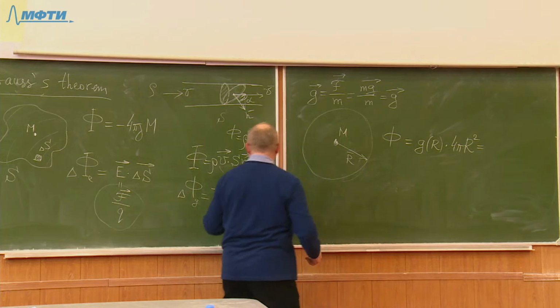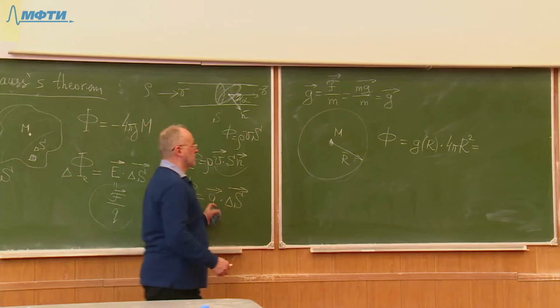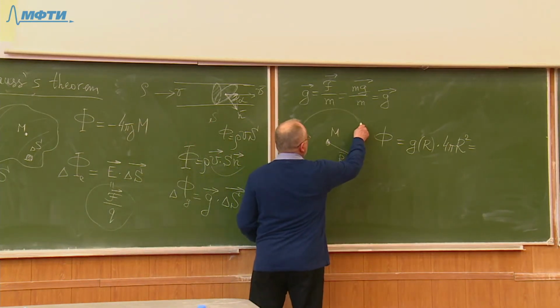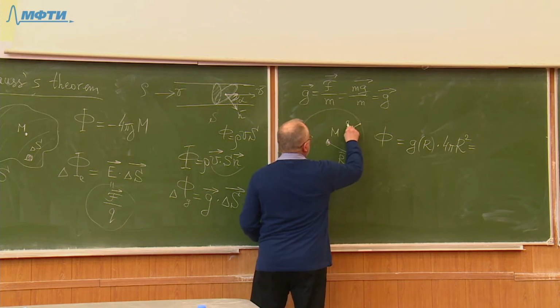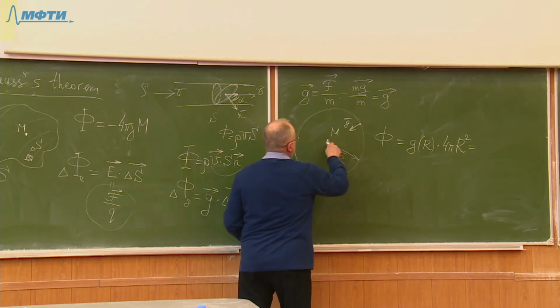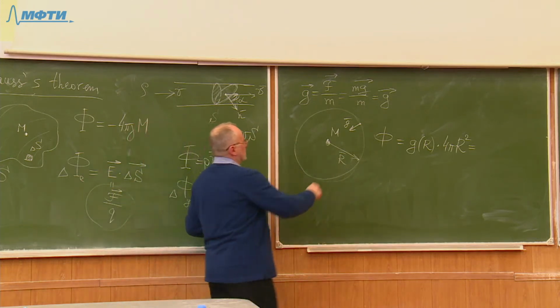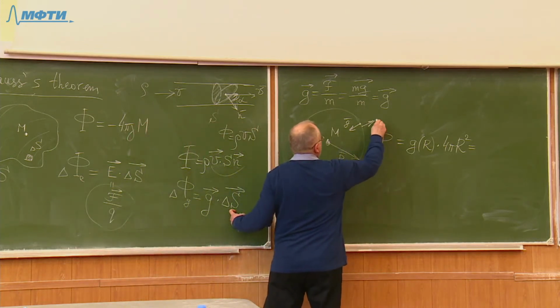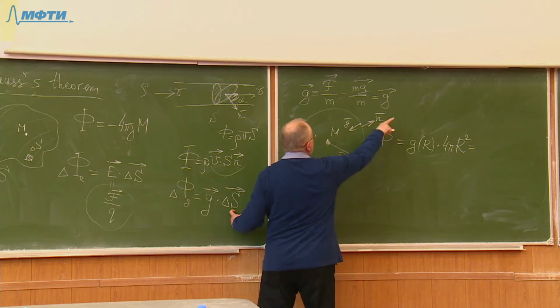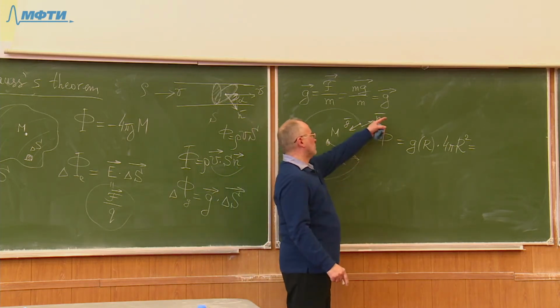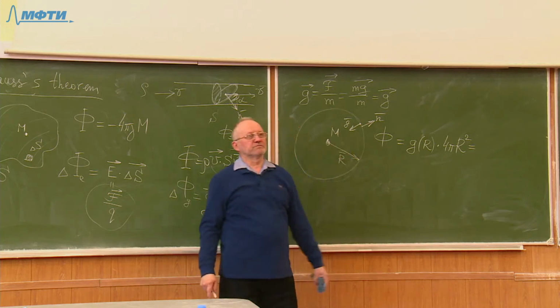the scalar product between these two vectors, and mind that the acceleration of free fall is directed to the center, towards the mass. And the vector delta S has the outward direction. That is the unit vector directed outward from the spherical surface.